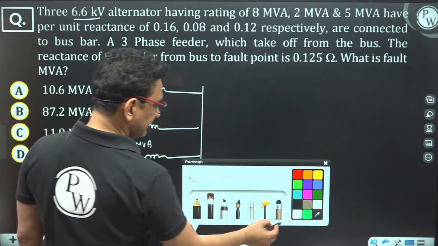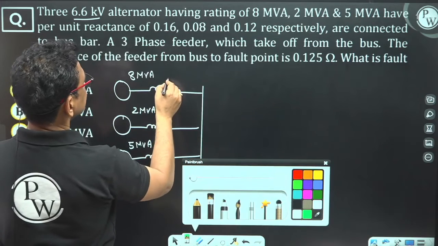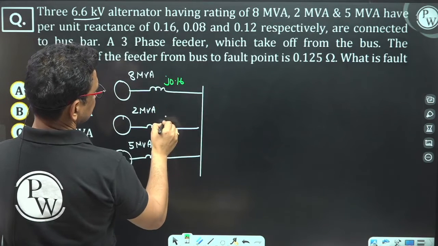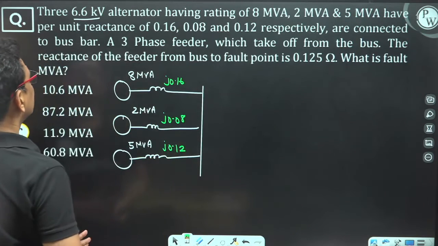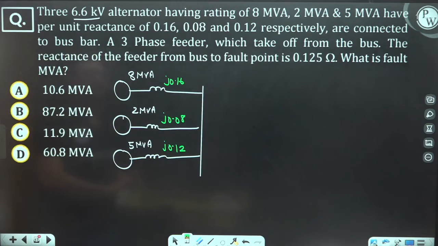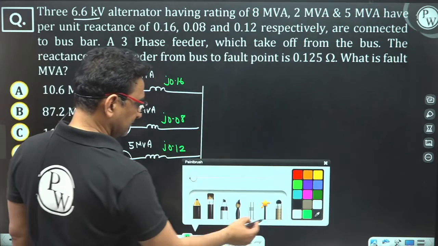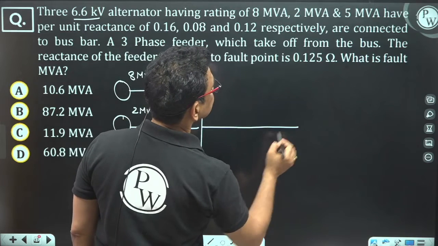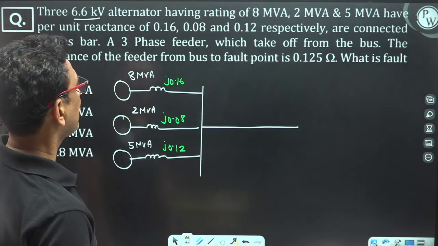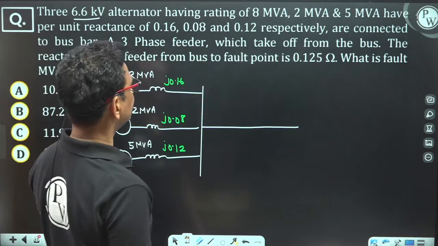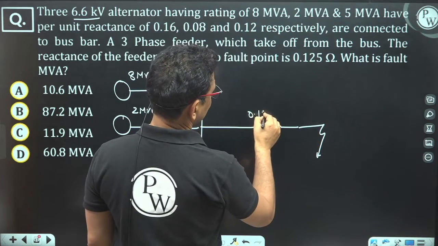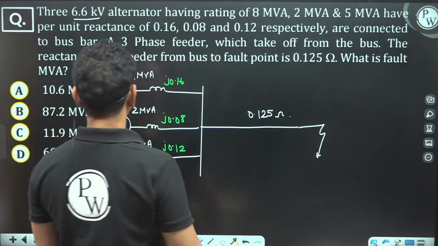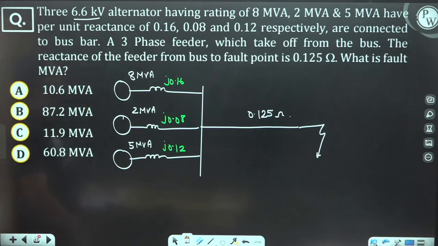The reactance is given: J0.16, J0.08, J0.12. They are connected to a bus bar, and a three-phase feeder takes off from the bus. The reactance of the feeder from the bus to the fault point, suppose the fault occurs here, is 0.125 ohm. What is the fault MVA? The three-phase fault MVA. Unless it is mentioned otherwise, it is called the three-phase fault MVA only.